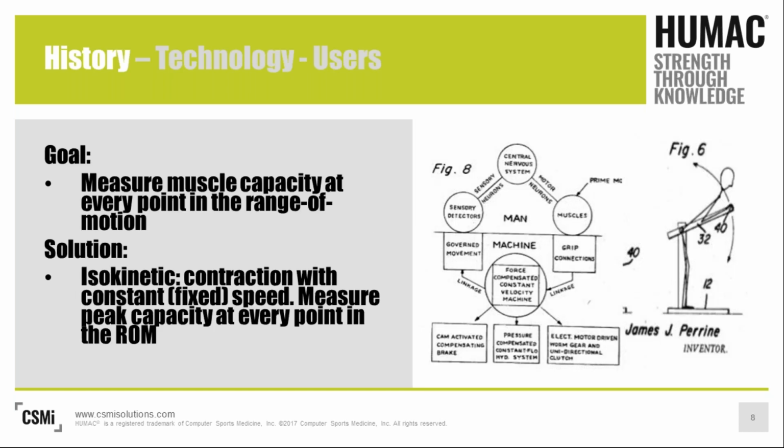What we're really talking about is the ability to perform constant speed, variable resistance, or accommodating resistance through the range of motion. They wanted to measure peak capacity at every single point in the range of motion, so they wanted to look at force production very effectively.